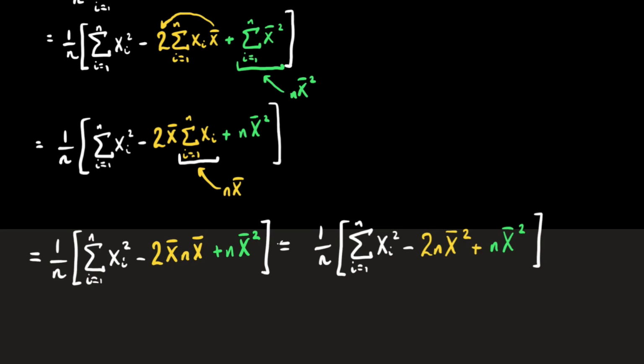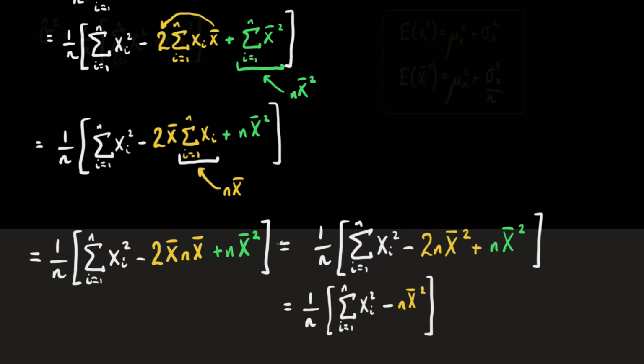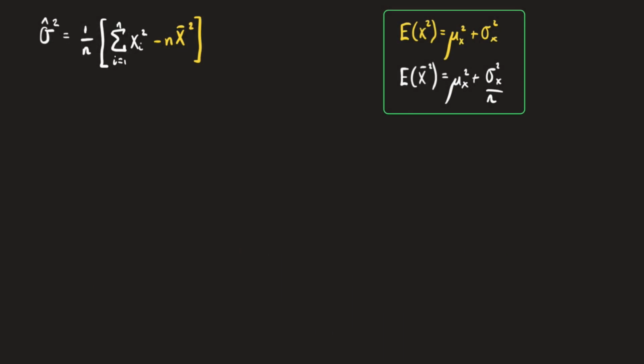And we can cancel out one of the sets of n x bar squared, giving us that this summation is 1 over n times by the sum from i equals 1 to n of xi squared minus n lots of x bar squared. So we've shown that our estimator can be rewritten as 1 over n times by the sum of the xi squared minus n lots of x bar squared.